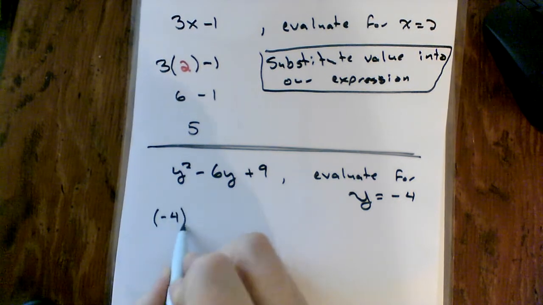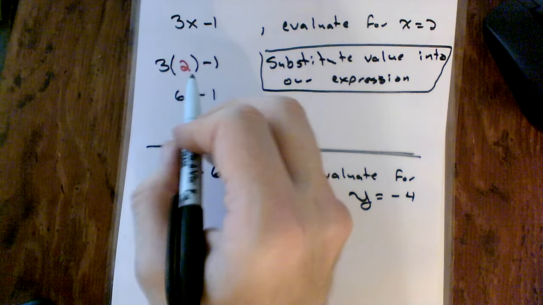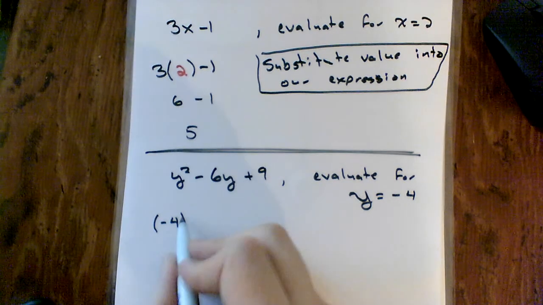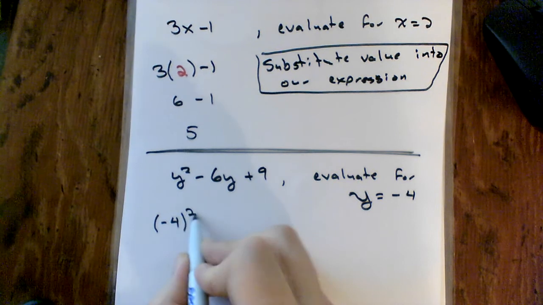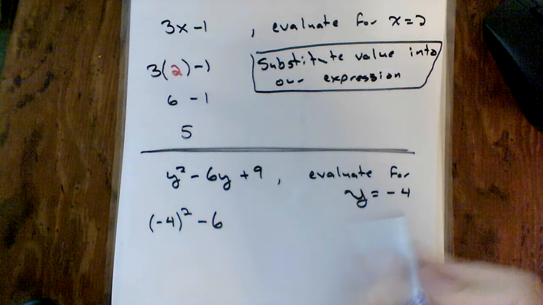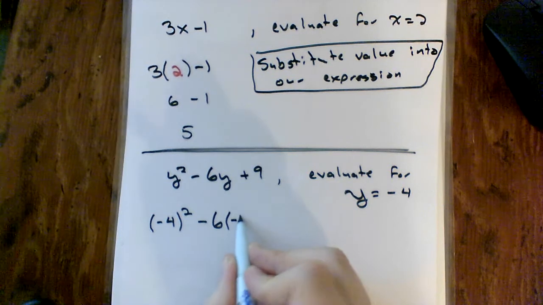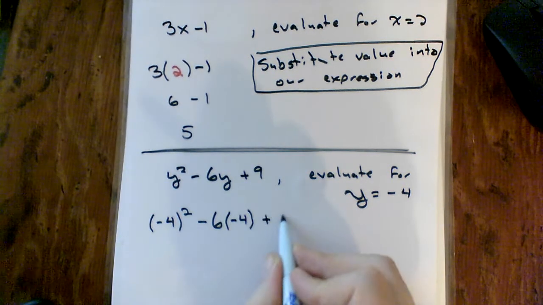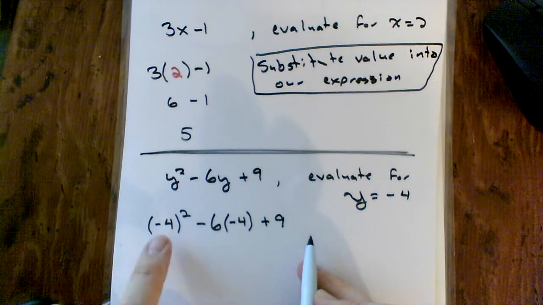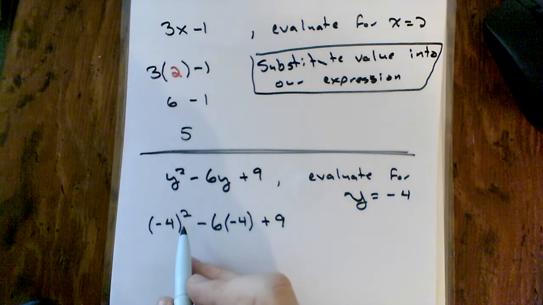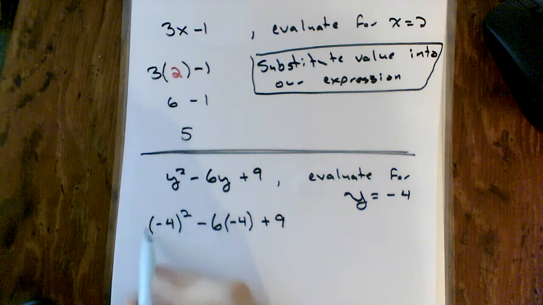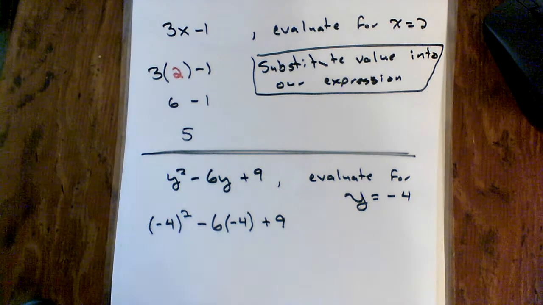Now, when you substitute in, notice that up here I used a set of parentheses. Remember, whenever you're evaluating, put this substituted value inside a set of parentheses. That's going to help keep your signs straight. Because if I just put a -4 squared, that's going to be a little bit different than if I had a -4 inside a set of parentheses squared.